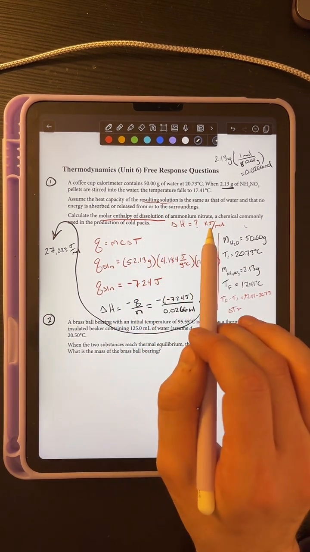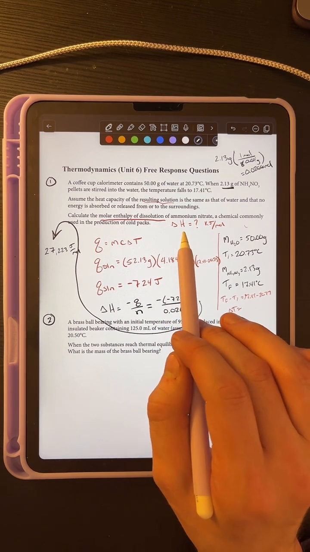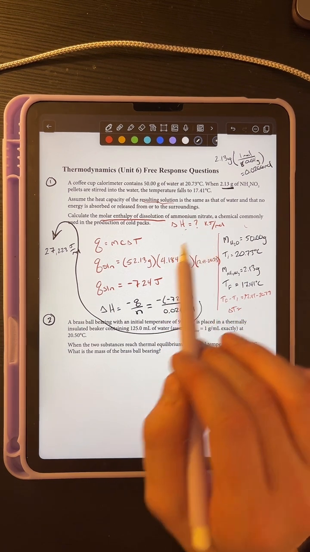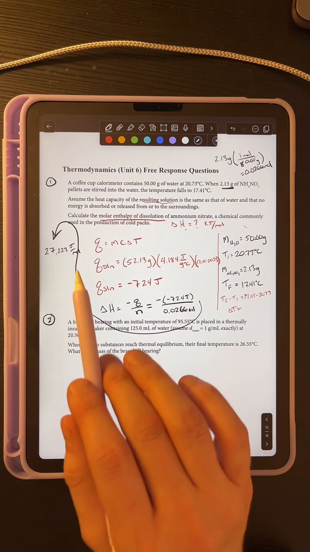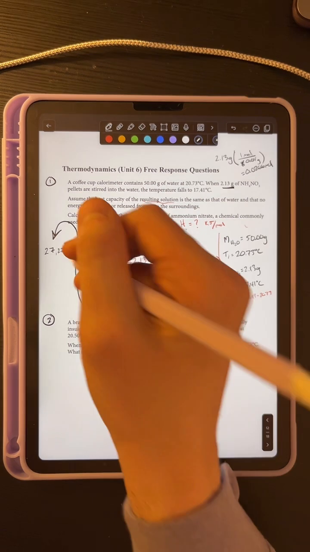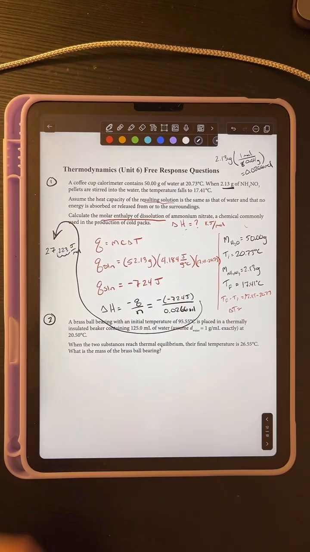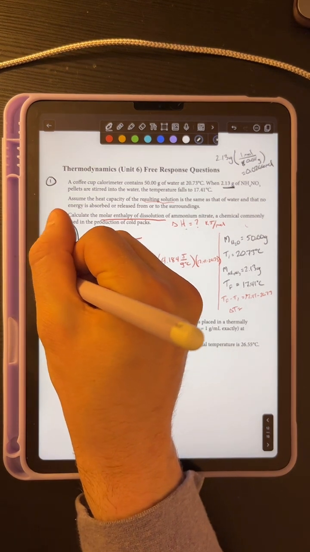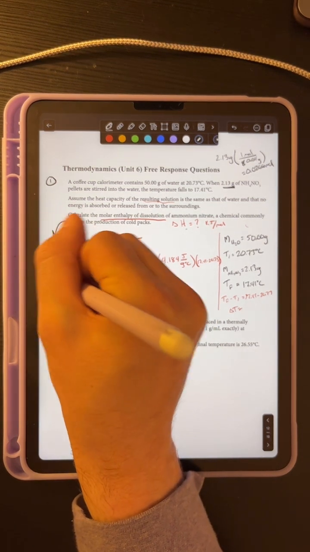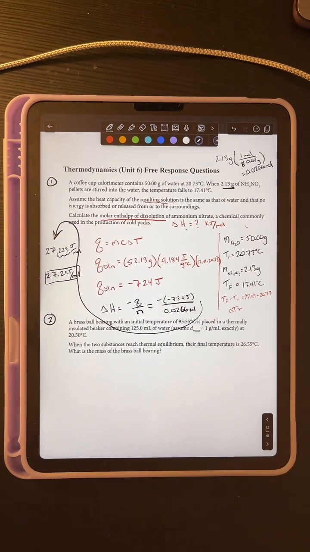It didn't specify to do kilojoules per mole, but typically when we use delta H values, they are given in kilojoules per mole. So you would just do a simple conversion going from joules per mole to kilojoules per mole by dividing by 1,000 or moving the decimal place over 3. And then we would end up with a delta H equal to 27.2 kilojoules per mole.